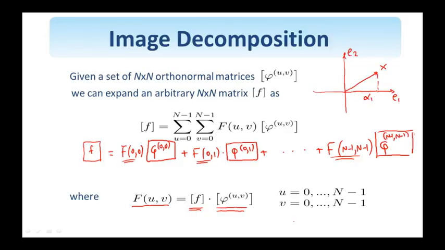Let's say this is alpha 1, and this is alpha 2, and we simply say that vector x equals alpha 1 vector E1, I can put bars here to denote that these are vectors, plus alpha 2 vector E2. So this is the extension of this decomposition that I assume you're familiar with when now we have matrices and not vectors as bases.